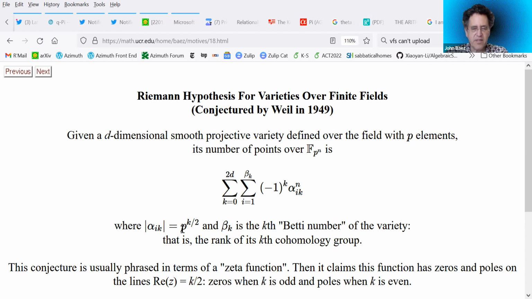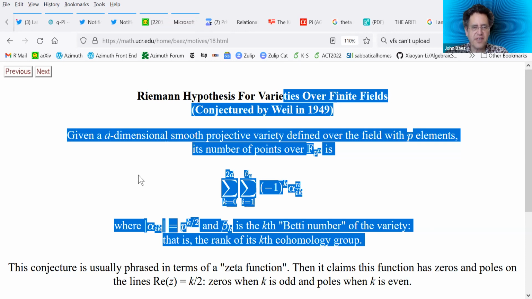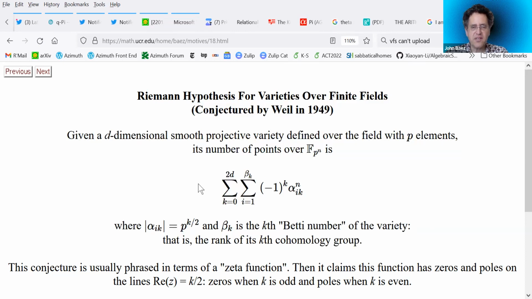And that would be p to the k over 2, where k is called the weight, but it's some kind of dimension-like thing. So if I have an elliptic curve, it has a part that's weight 0, a part that's weight 1, and a part that's weight 2, so those are like real dimensions.